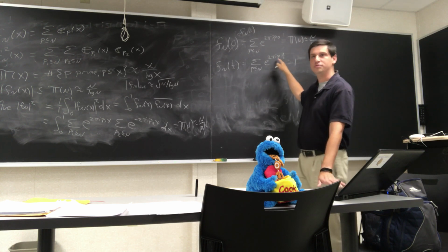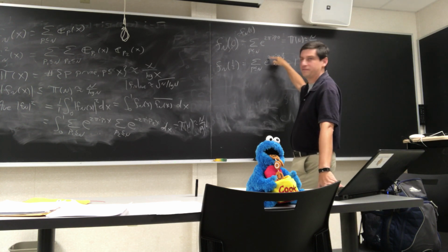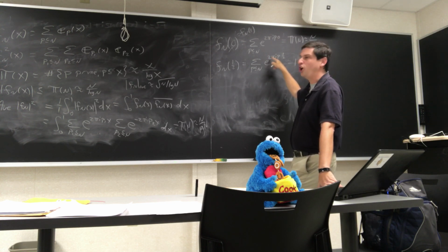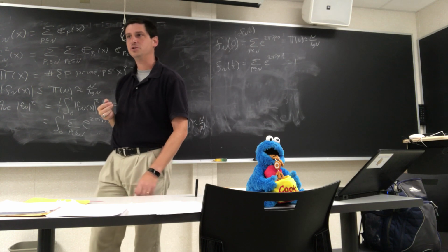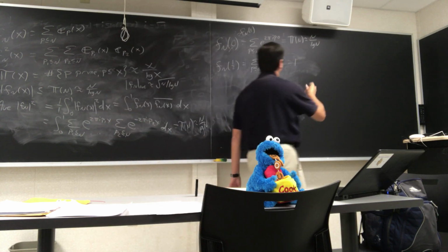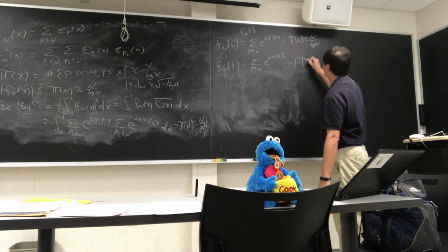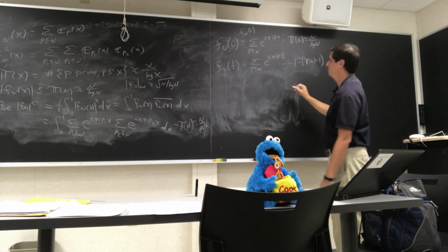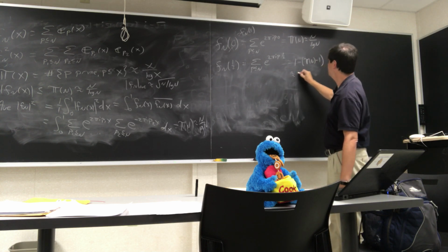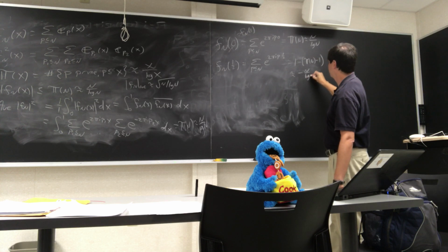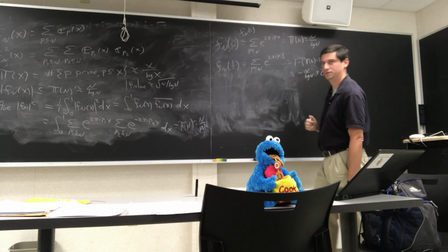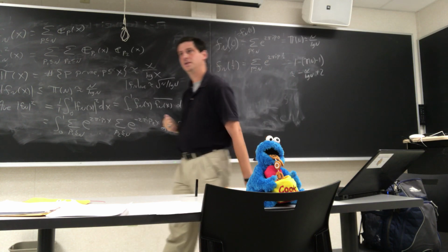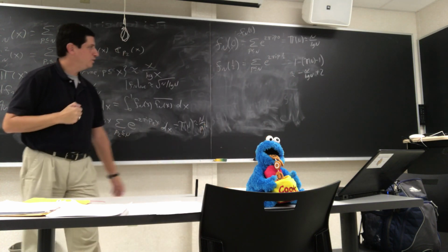And if p is an odd prime, the 2 and the 1/2 cancel, and we have e to an odd multiple of πi. That's going to be -1. So we would get -π(n) - 1... so this is approximately negative n over log n. If you want, it's negative n over log n plus 2. But the size of it is about n over log n.